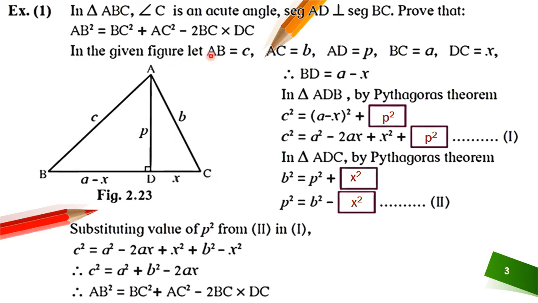Now in the given figure, let AB equal c. The side opposite to angle C, that is AB, is small letter c, and the length of AC is small letter b since it is opposite to the angle capital B. AD is randomly given to be p, and BC, which is this whole thing, is a since it is opposite to the angle A. Suppose the DC part is x, then the BD part is a minus x, because BD is BC minus DC.